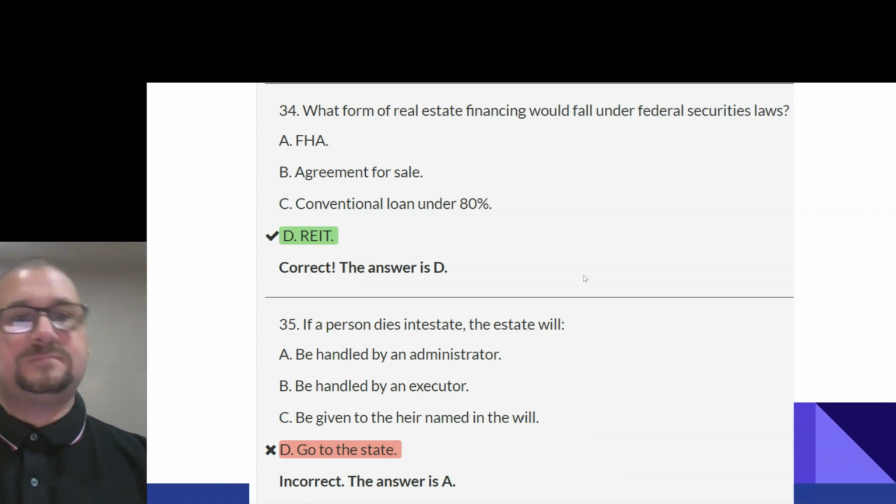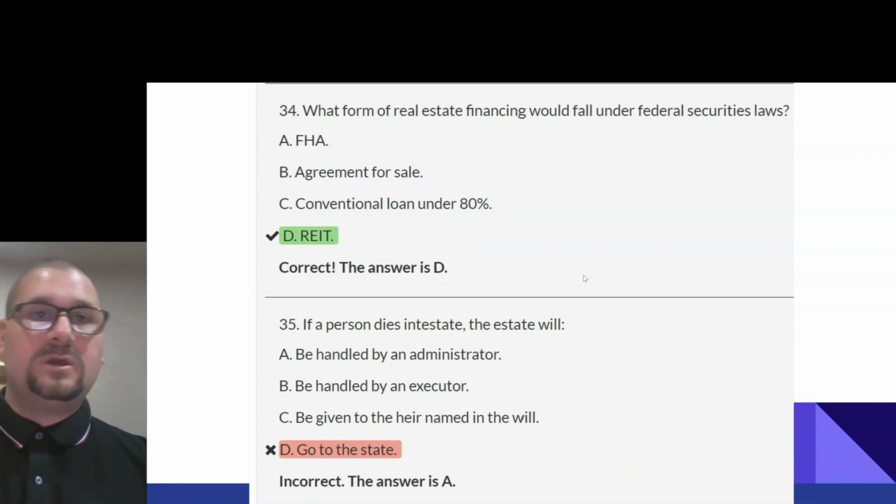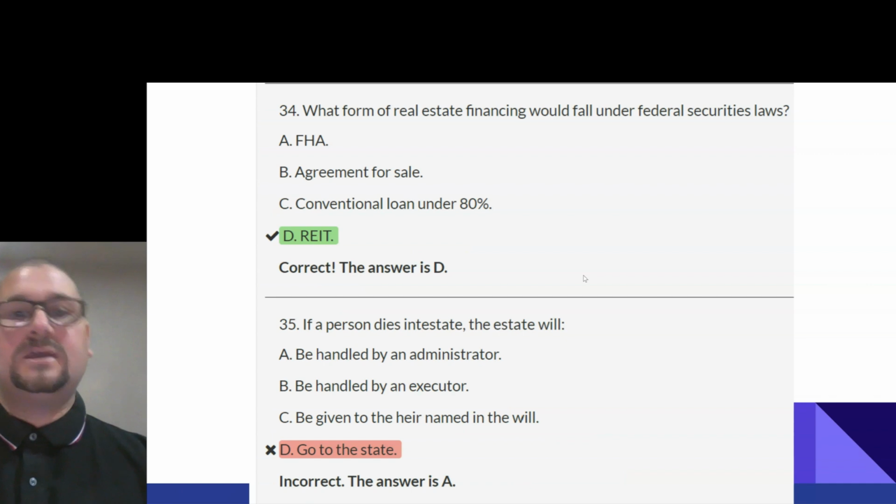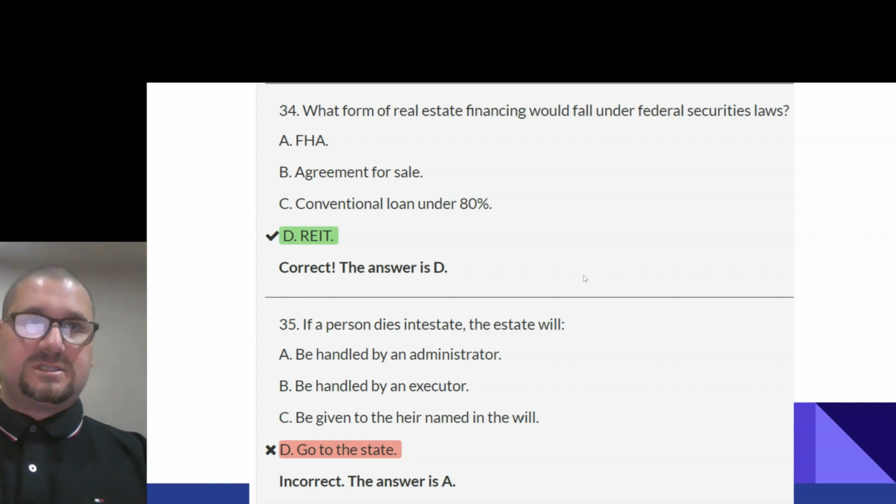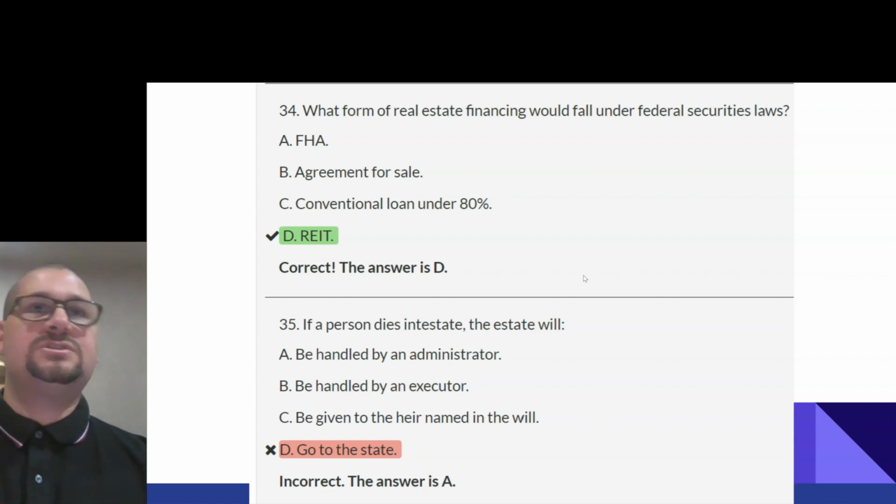That's called a REIT. So if a person dies intestate, no will, the estate will what? Alpha, be handled by an administrator. The person doesn't have a will, so what happens to their estate?